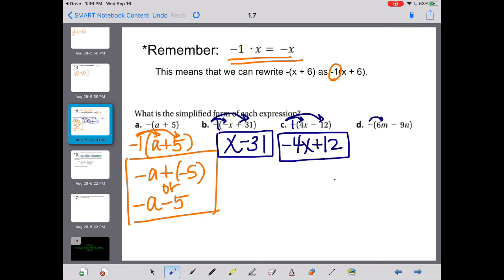Okay. Last but not least, -1 times 6m is -6m, minus -1 times 9n gives me another -9n.